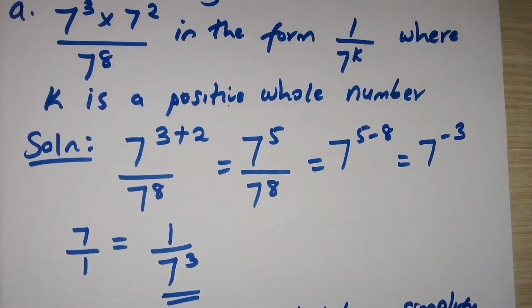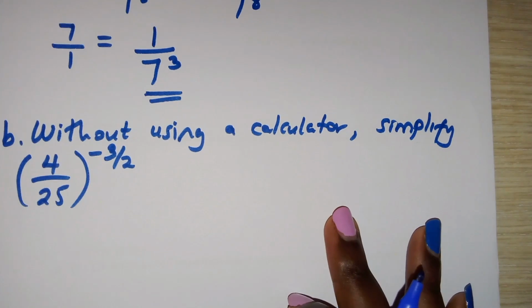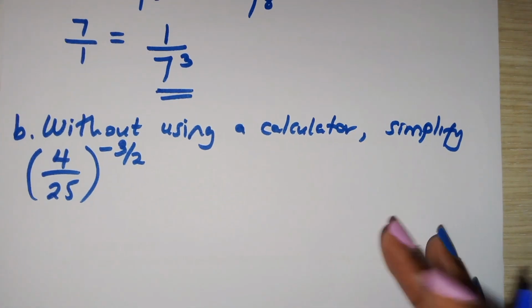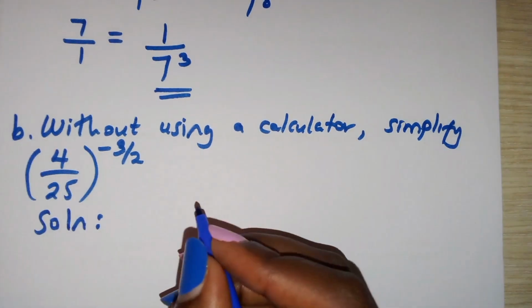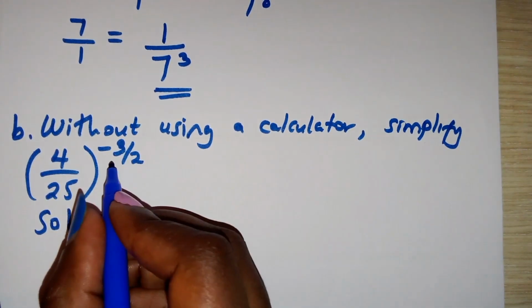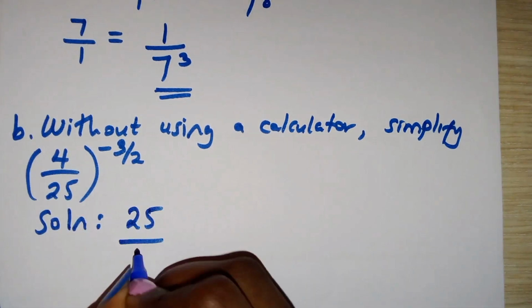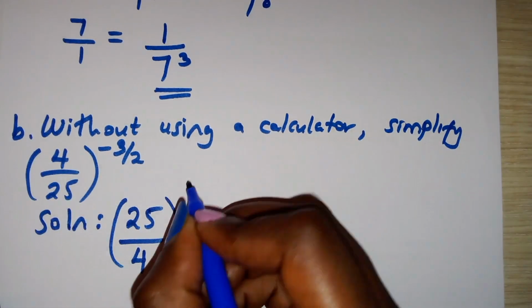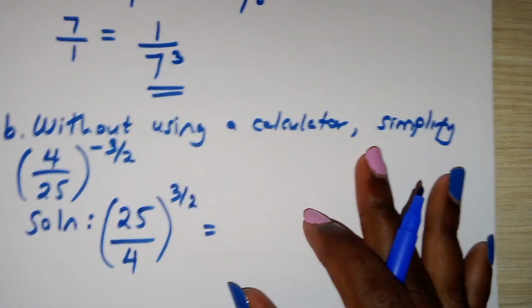So this one was 4a. Now we go to 4b: without using a calculator, simplify that. The solution: this question is similar to number 1. So flip the base, so 25 over 4, and the power becomes 3 over 2. This round, let's use the opposite.